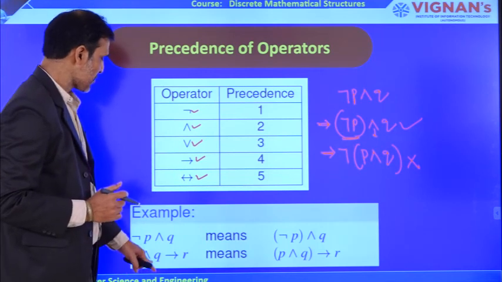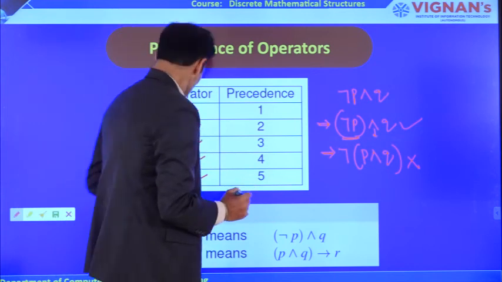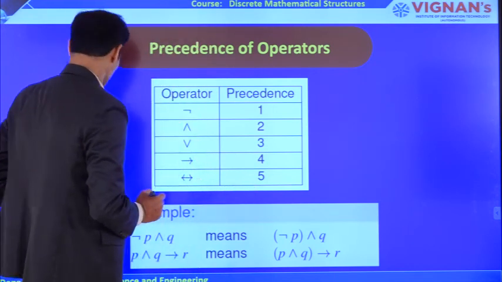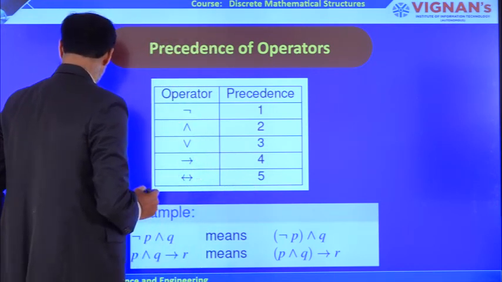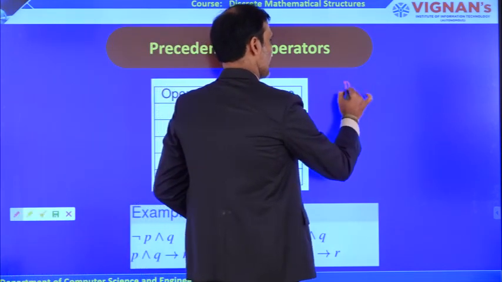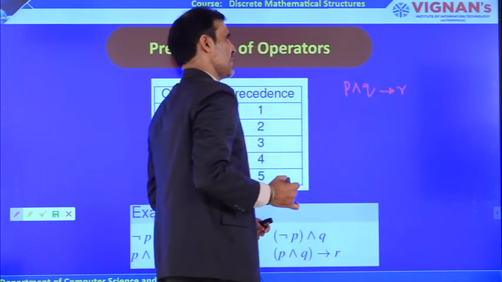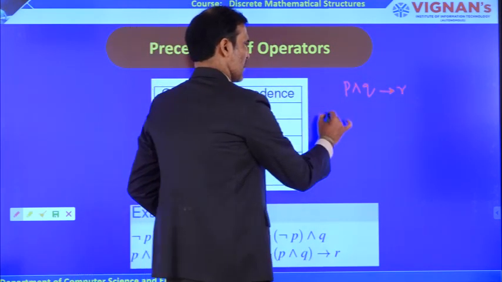Next, the same sentence, P and Q implies R. Again there is an ambiguity whether I have to go with what?